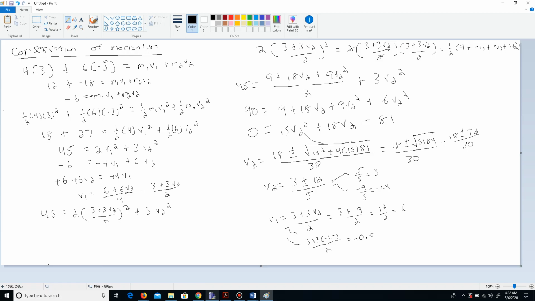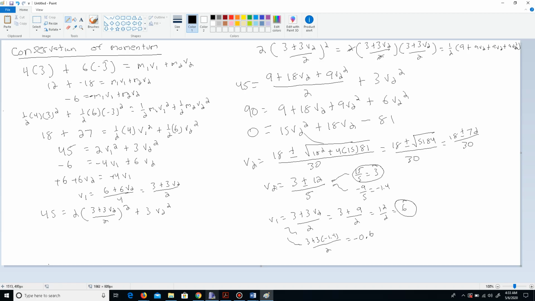Alright, so let's see. v2 I said was supposed to be positive, so we should have a positive value here. And then putting in 3 for v2 should lead to a positive value for v1, which will be 6. Okay, so those should be the right directions.